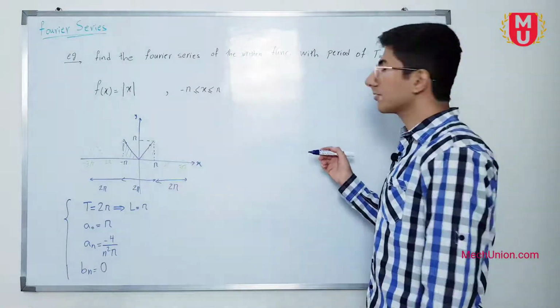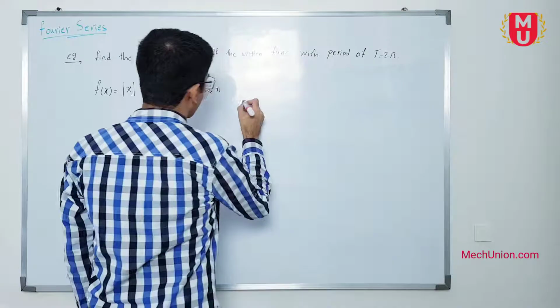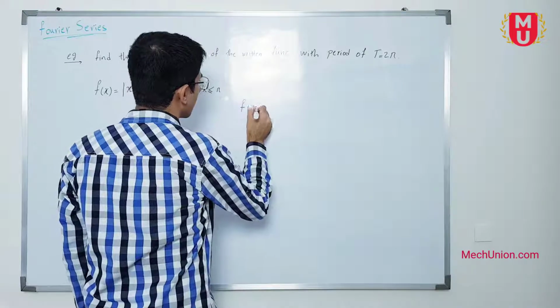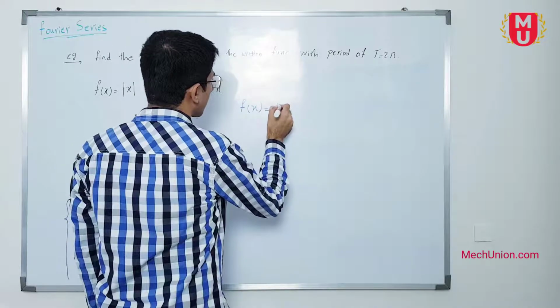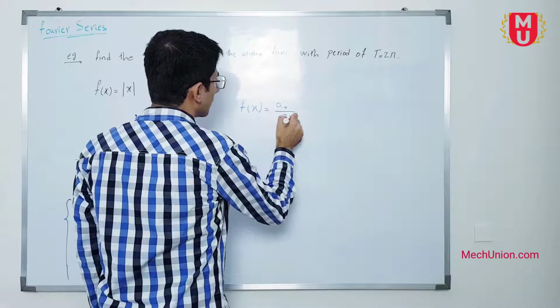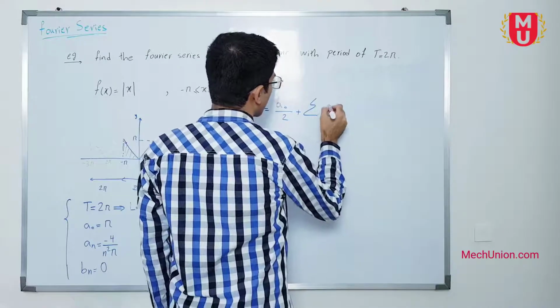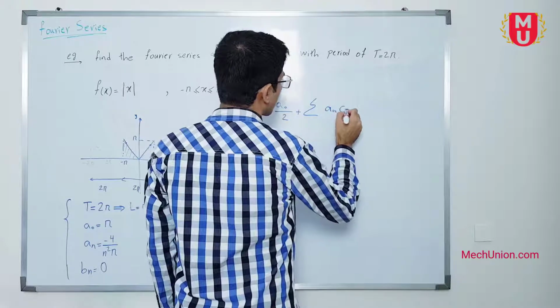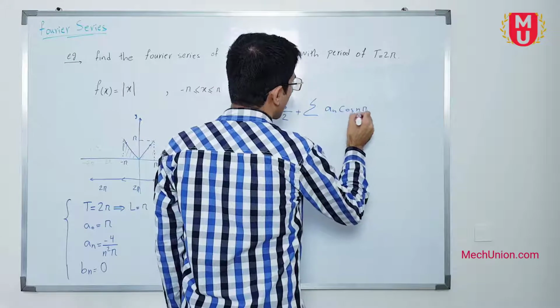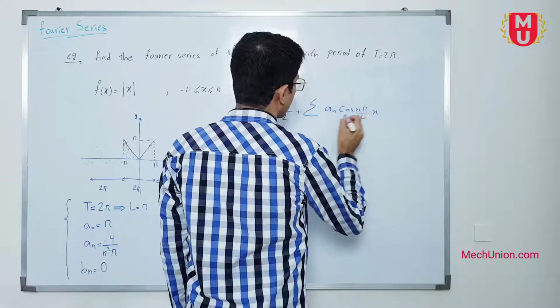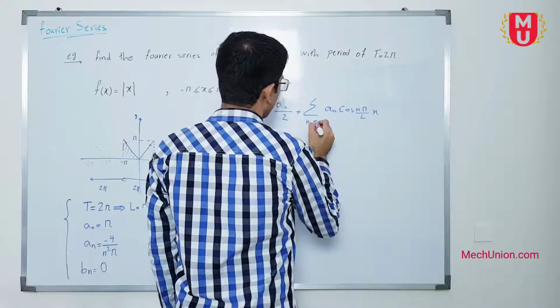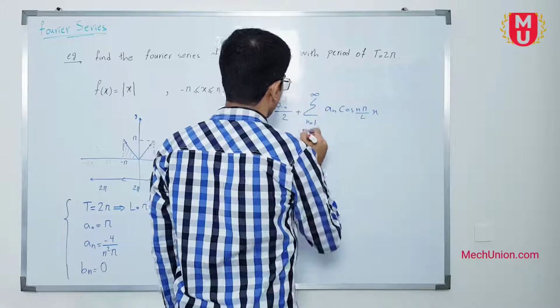Okay, as a conclusion, we have f of x equals a naught over 2 plus summation of a_n cosine n pi over L x, n equals 1 to infinity.